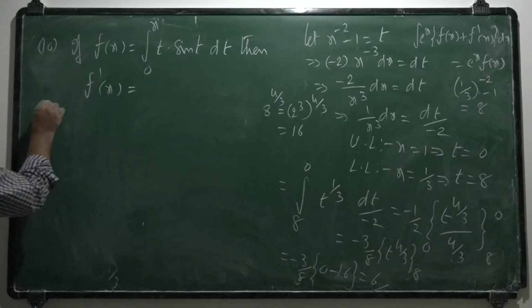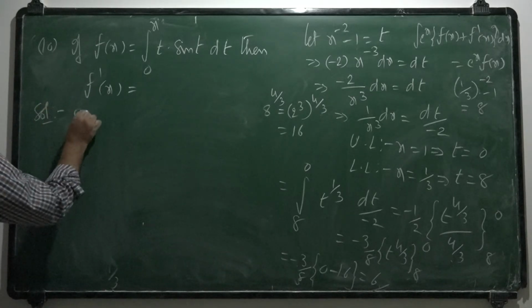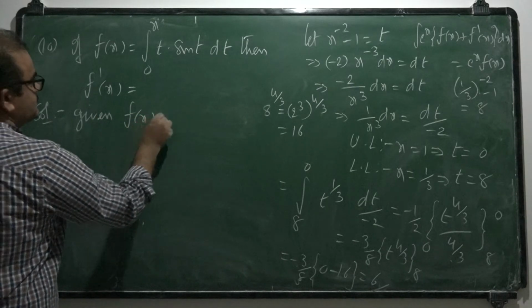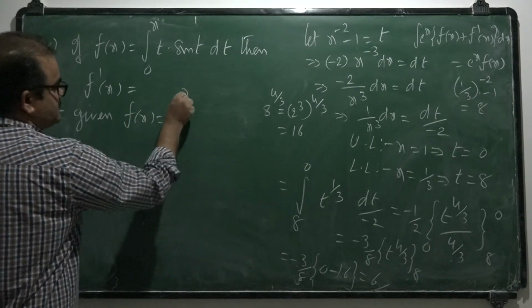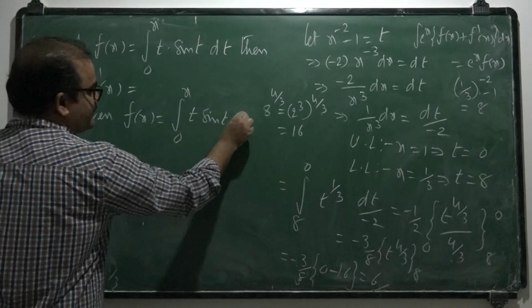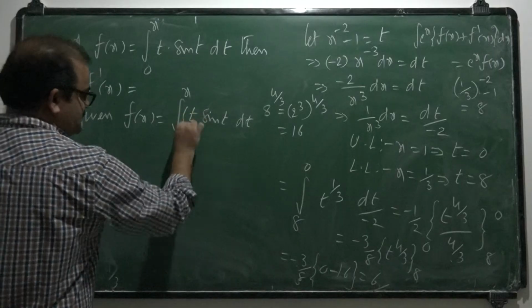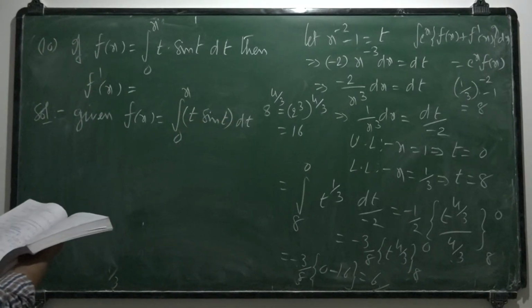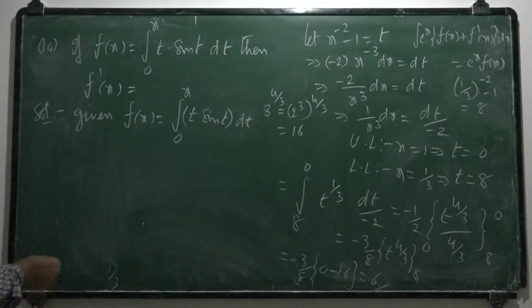See here, what is given? Given f of x is equal to integral 0 to x t into sin t into dt. This is a function t into sin t. Now we want to find f dash x.